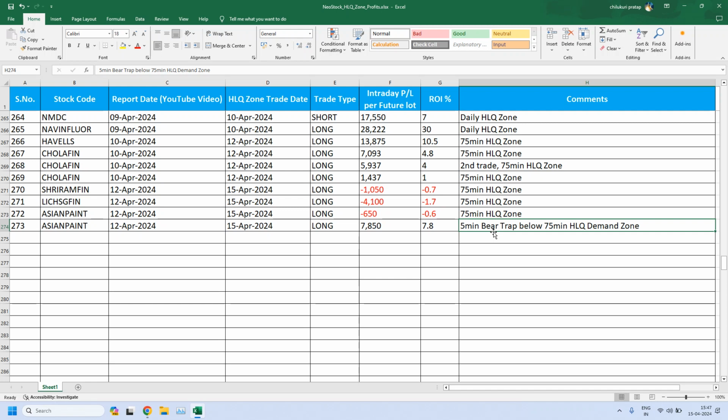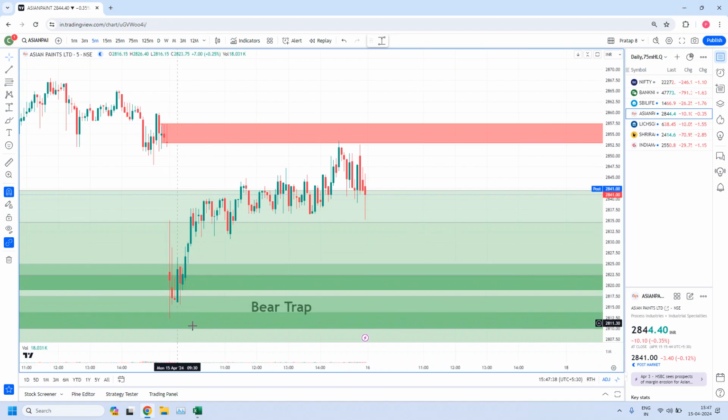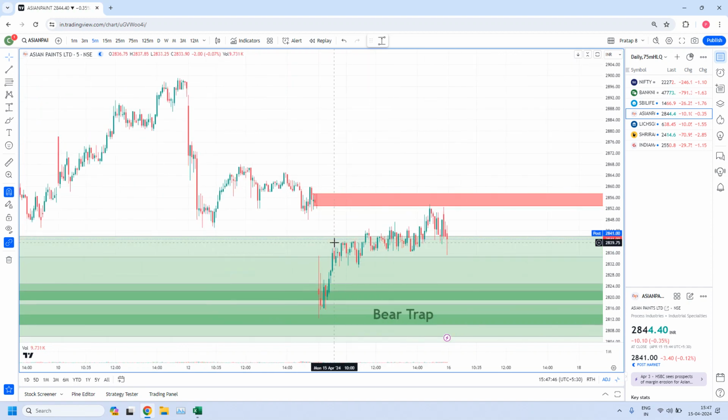That point also you should remember. But anyway, I am capturing the data from our high liquidity software, whatever it provided, so I have written 5 minutes bear trap. But you should remember, this is not only a bear trap, it is also a fine-tuned 5 minutes high liquidity zone from the daily zone.